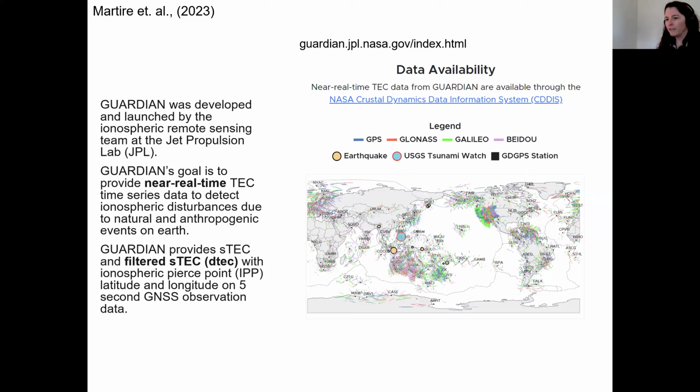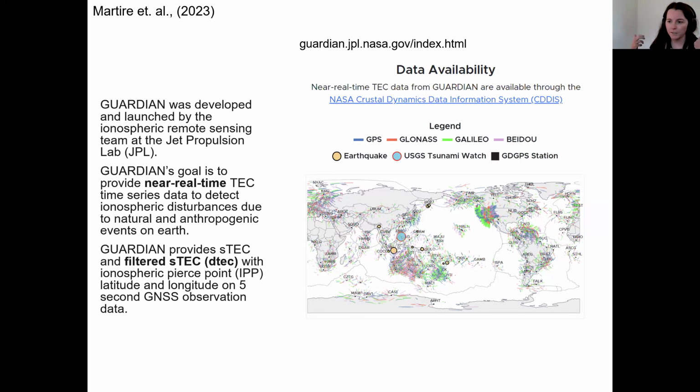And so Guardian provides TEC, and it provides it as filtered TEC. So we often filter out those daily changes that we see between night and day, right? So that's a constant kind of high density during day, lower densities at night. That's a constant trend.